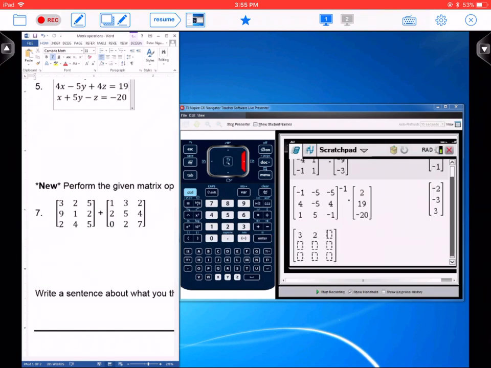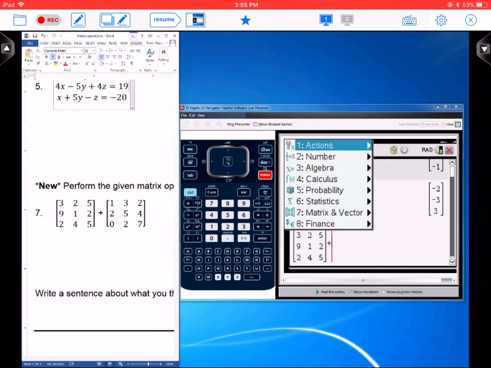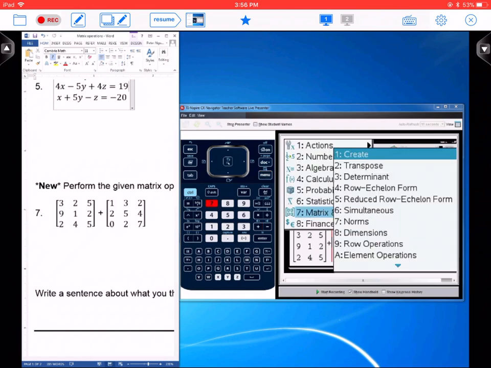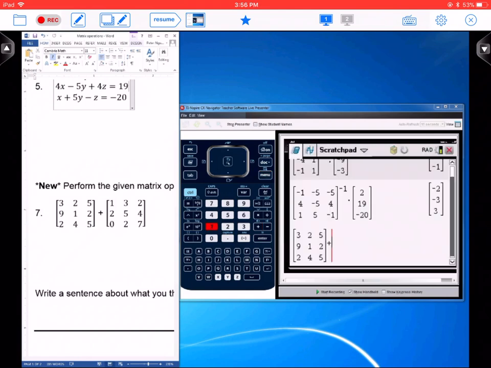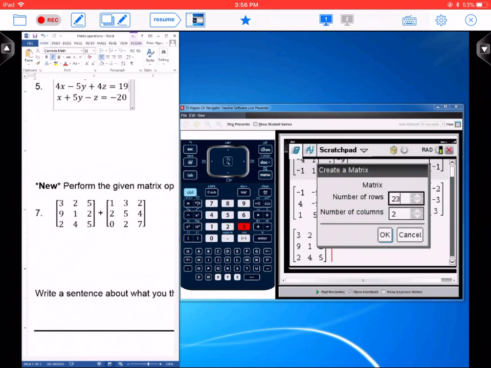So if I copy this down, all right, copy that matrix over. Matrix, 9, 1, 2, 2, 4, 5, plus create another 3 by 3 matrices. And 3 by 3, so 3, oops.